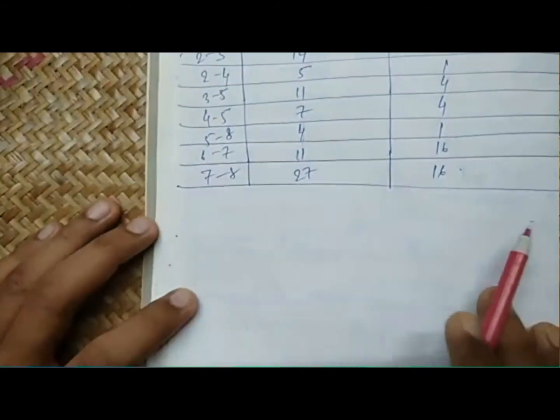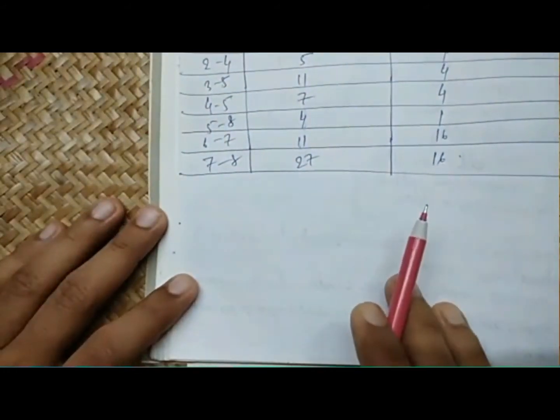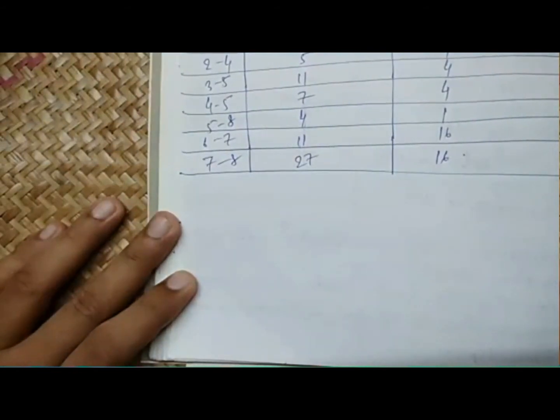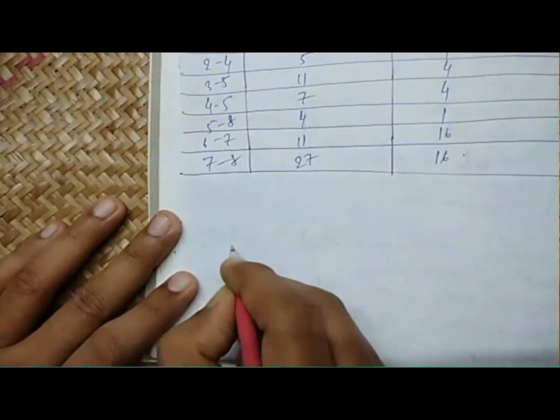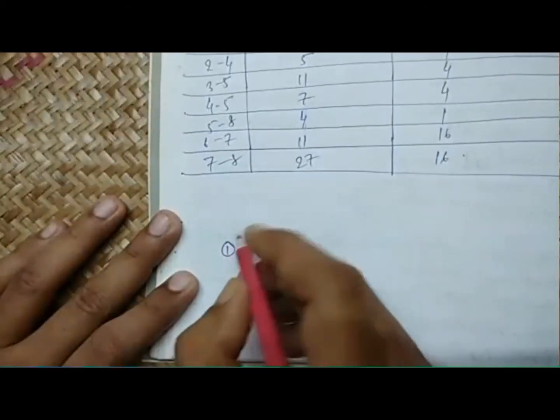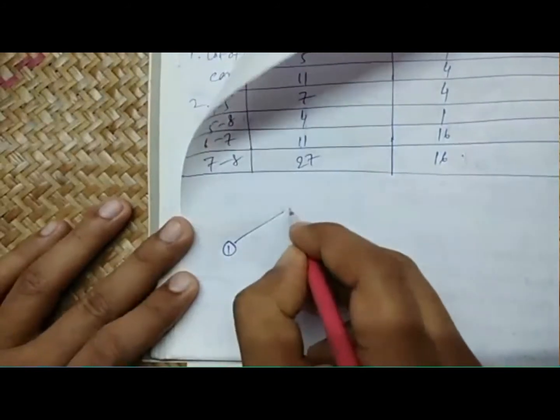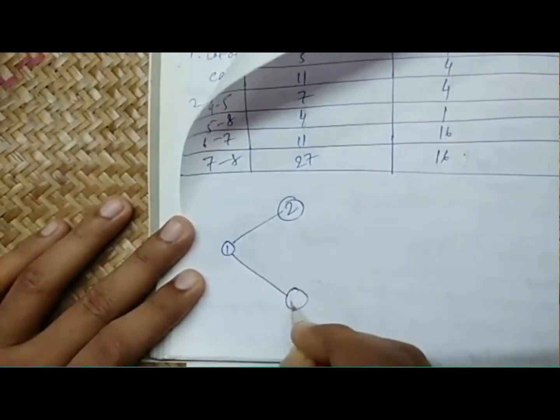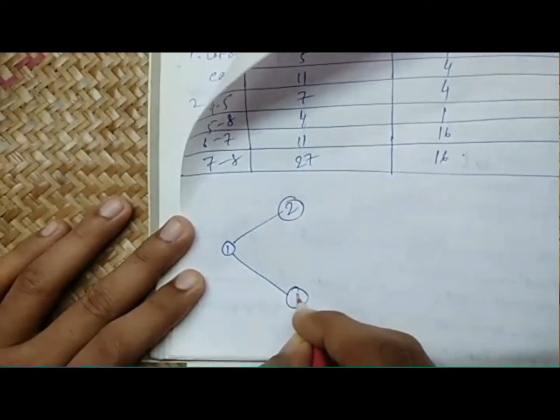Now we can draw the project network. There are two jobs starting from 1: 1-2 and 1-6. So we write 1 on the first one, here we write 2, and another one coming out is 6.